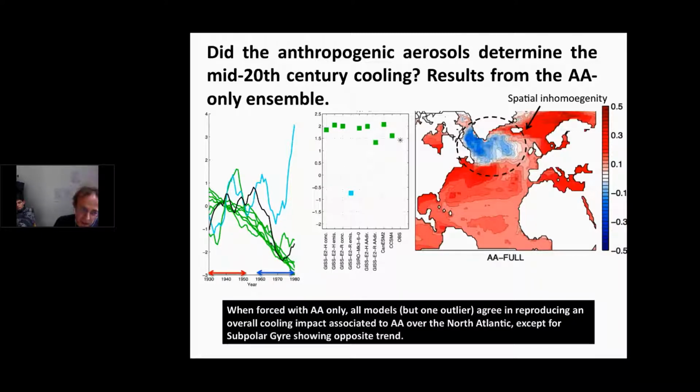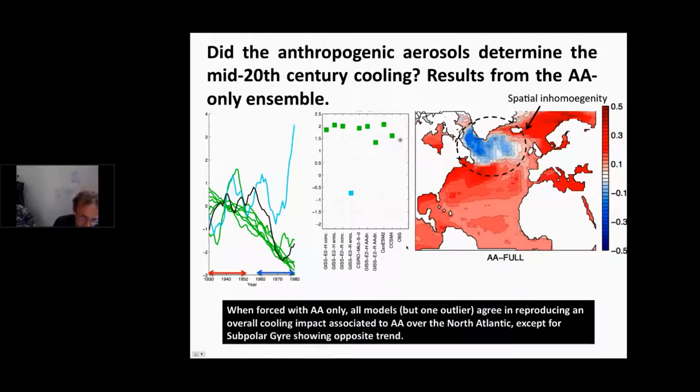So they all agree to some extent with the observations, except that this is an idealization, and we need to keep this in mind because we know that in the real system there were all sorts of forcings working at the same time. But the reason why we use this kind of idealized setting is because it allows us to look at how the climate system responds one by one to individual drivers.